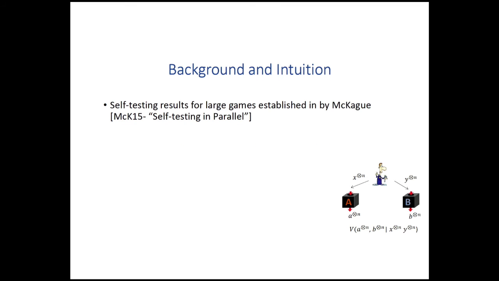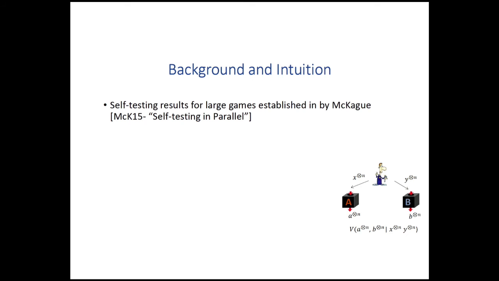Okay, and so that's the motivation, and I'll also say a little bit about the background. One of the really nice pieces of progress on this topic, especially the self-testing of a large number of EPR pairs, came in a paper of McCaig called Self-Testing in Parallel.